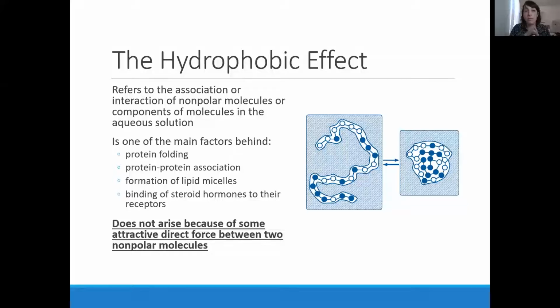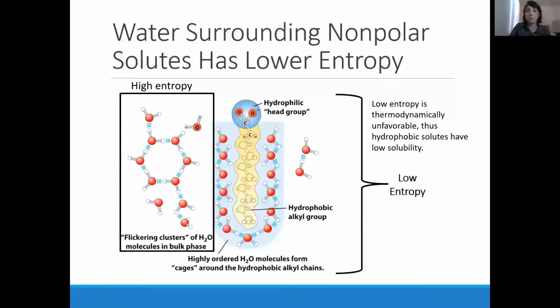This is an effect that's occurring situationally, in fact, because of entropy. So we'll look at this. When water surrounds something that is not polar, that does not get along with water, it does not dissolve well in water, it causes a change in entropy.